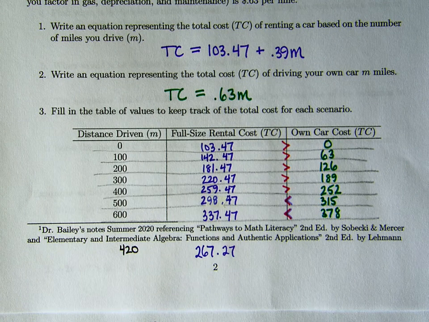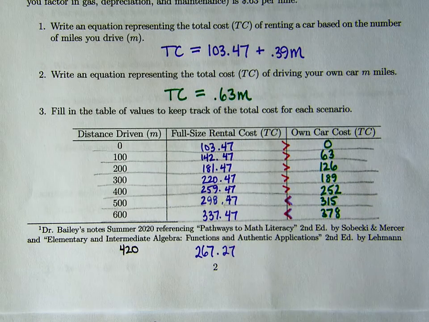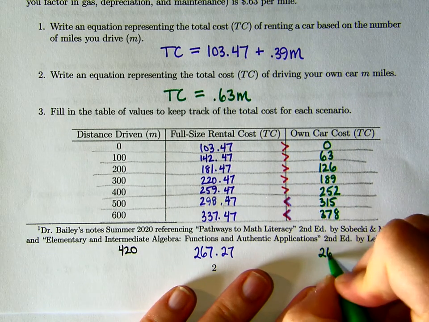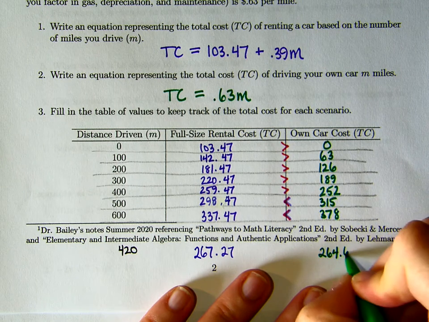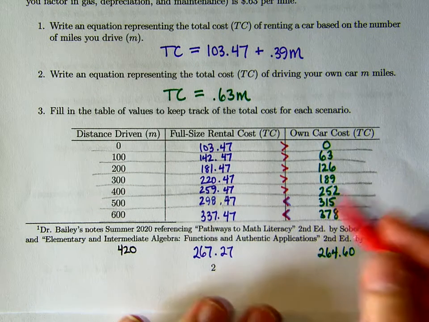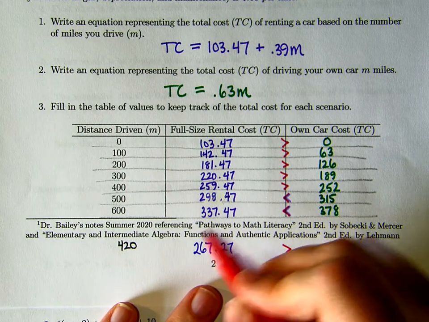And then let's put that into how much it costs for your own. All right, I got $264.60. And now what I see is that it's still cheaper to take your own than it is to rent.